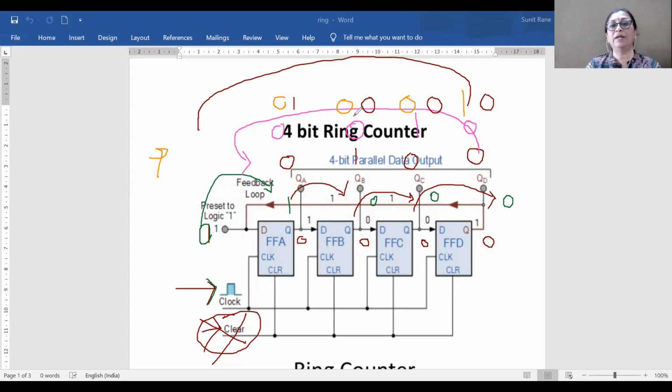So again you are getting the first state, and the same thing will be repeated each time you apply the clock pulse. You will require 4 clock pulses to come back to the previous state. So it keeps on circulating the data within it. This type of counter is called a ring counter.